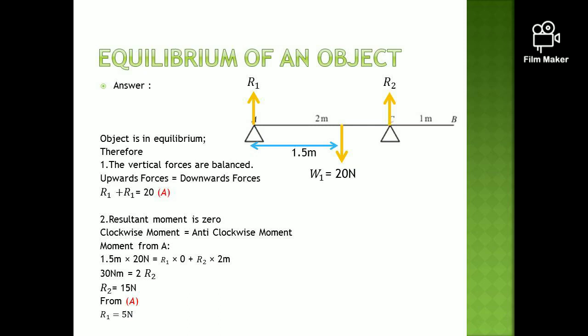So R1 into 0 plus R2 into 2. Therefore, you can work out the value for R2 as 15 newtons. Then we know that R2 is 15. From equation A, we can find the value for R1 as 5 newtons. Then I have already found the figures for R1 and R2.